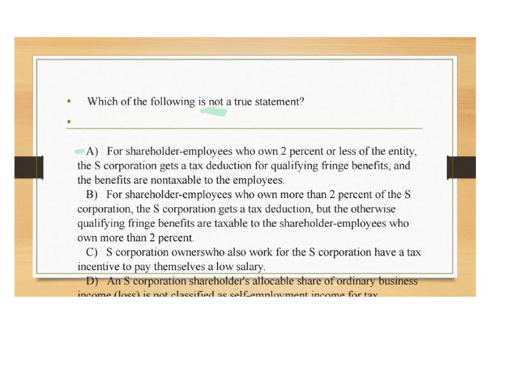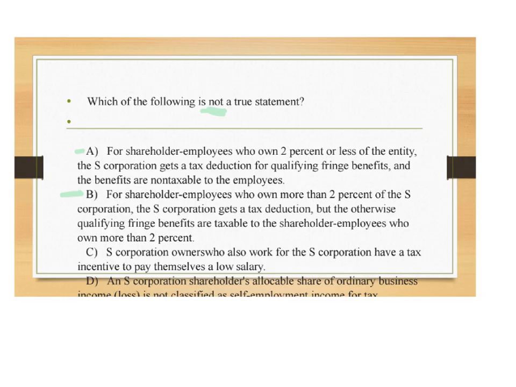All right, let's look at B. For shareholder employees who own more than 2% of the S corporation, the S corporation gets a tax deduction, but the otherwise qualifying fringe benefits are taxable to the shareholder employees who own more than 2%. That is also absolutely correct. C says S corporation owners who also work for the S corporation have a tax incentive to pay themselves a low salary.